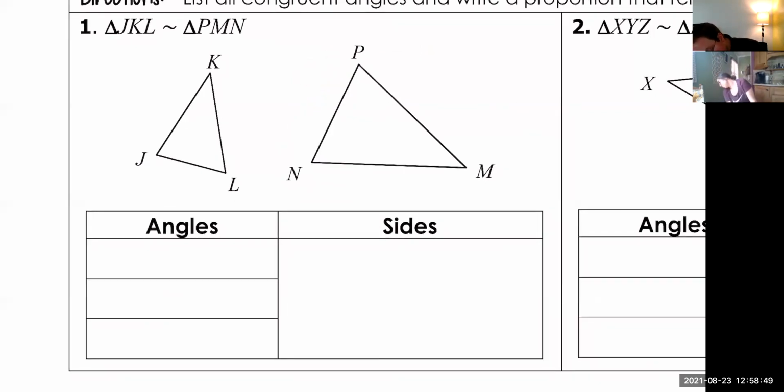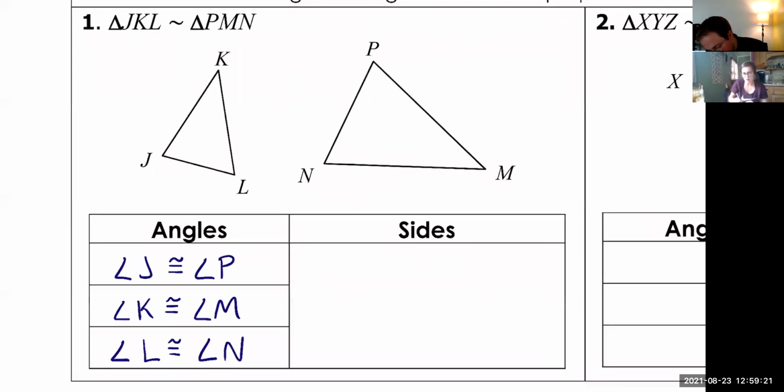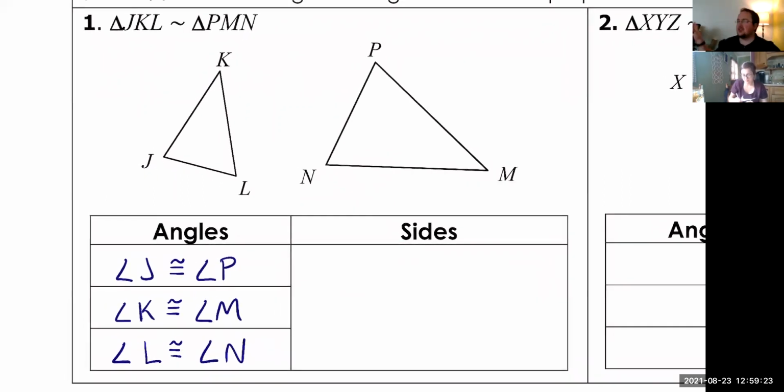Remember, order in that statement does matter. So long as someone's not made a mistake here, we could say that angle J is congruent to angle P. Angle K is congruent to angle M. And angle L, my angle and my L look oddly similar, is congruent to angle N. That part, again, shouldn't feel too shocking.